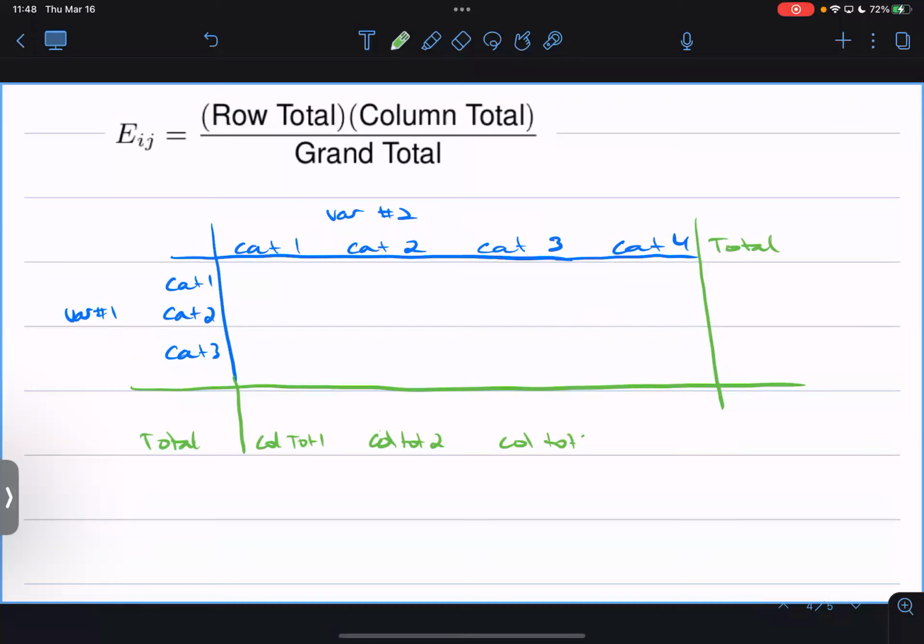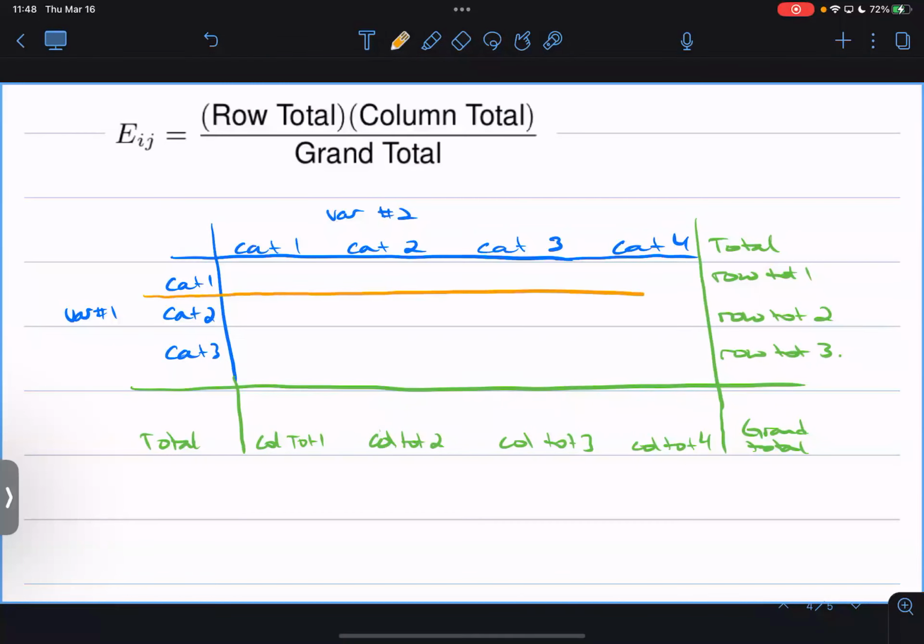Column total 3, column total 4. Then of course you have the grand total. Here we have row total 1, row total 2, and row total 3. I think I'm gonna need some lines, and hindsight's 2020. I shouldn't have made them all so squished.